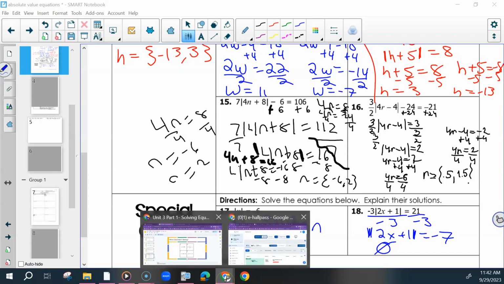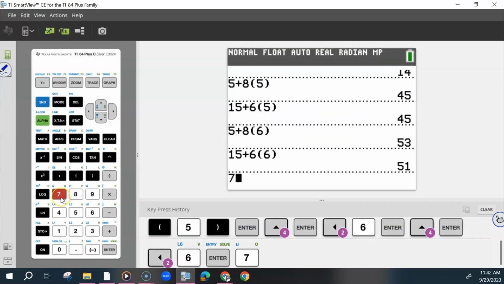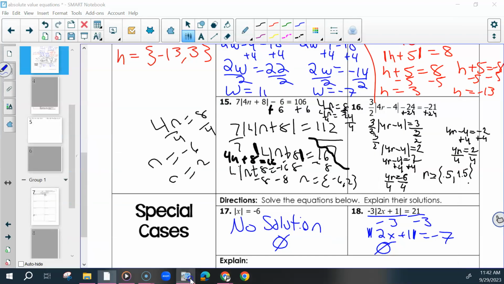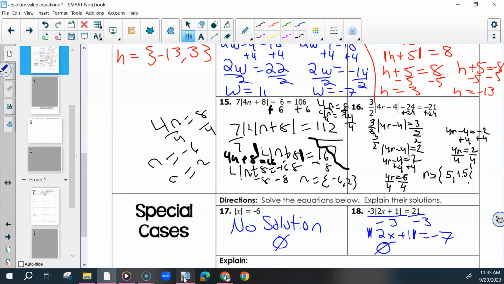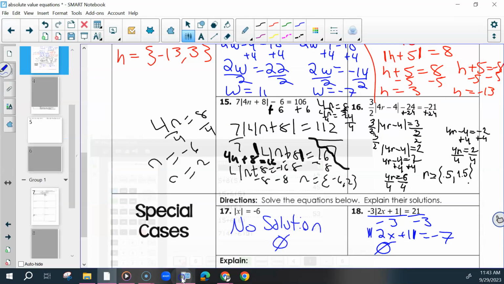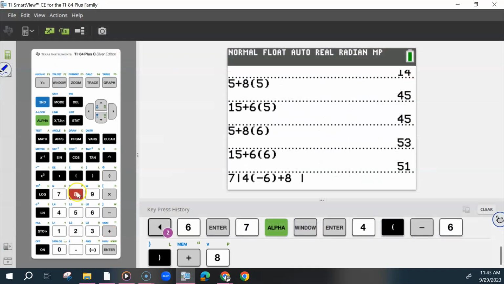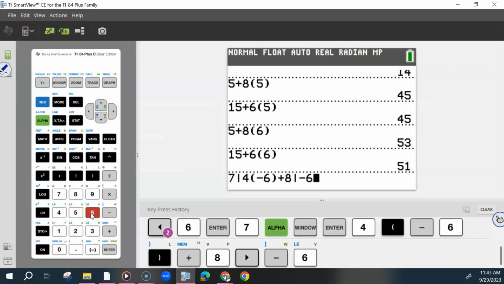In Desmos, I'll show you what happens. So let's do this one. The answers were -6 and 2.